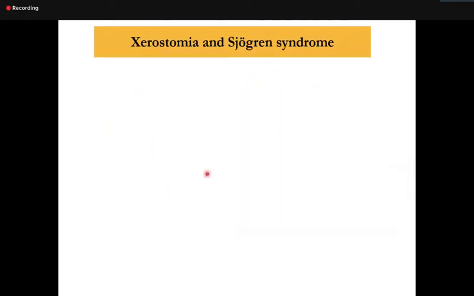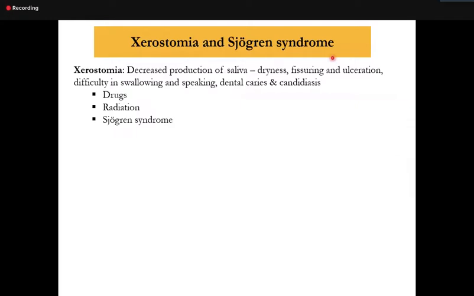Now, xerostomia, as I already explained, is dryness of the oral mucosa, and Sjogren's syndrome is one important cause. But there are other causes as well, and drugs like I mentioned, drugs which are anticholinergics, atropine, drugs which are diuretics, which cause dehydration of the patient.